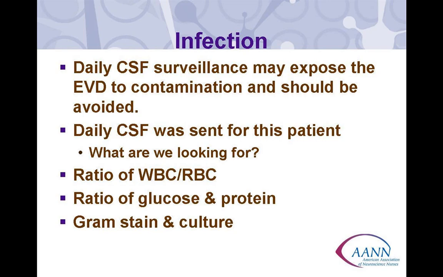And then, of course, the gram stain and culture are sent to look for bacteria and hence the susceptibilities for an appropriate antibiotic selection. And in our institution, we use the infectious disease department and team to help us facilitate with the appropriate selection.